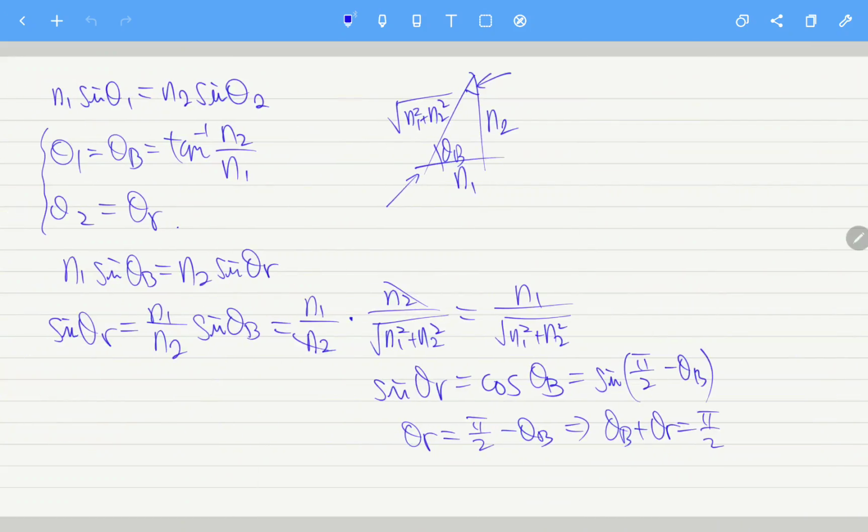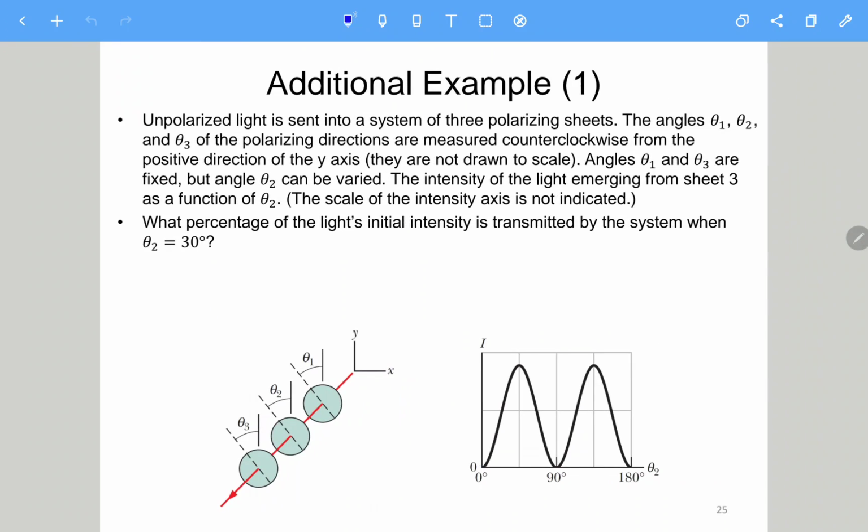Okay, so I think we finished all the material in chapter 33, and here are two additional sample problems. This one is also related to the polarizing filter.